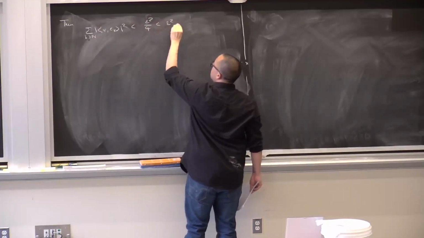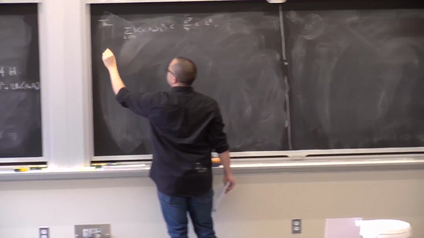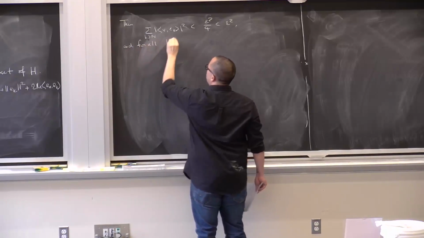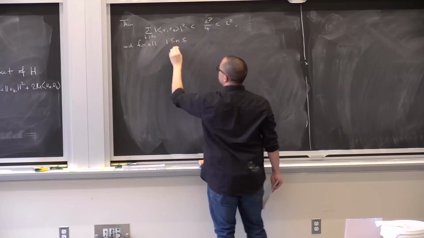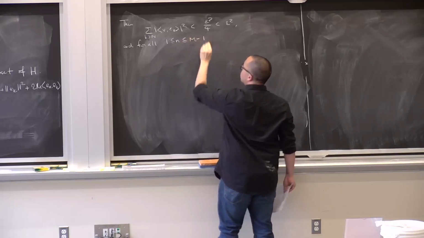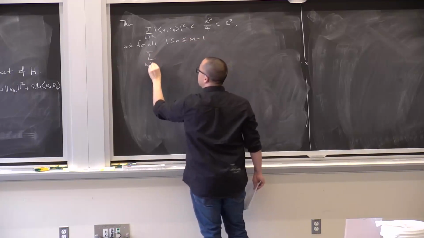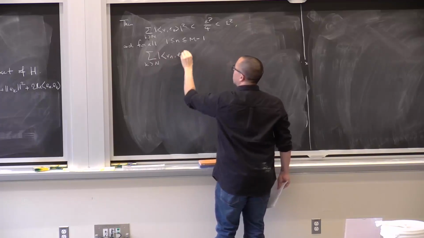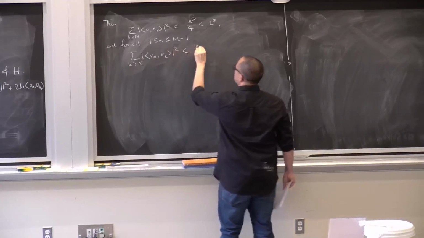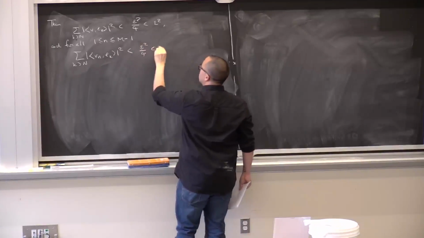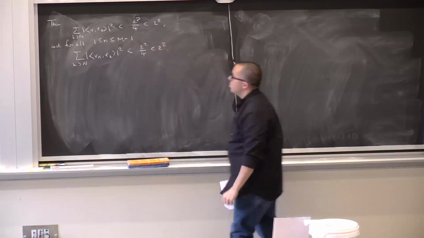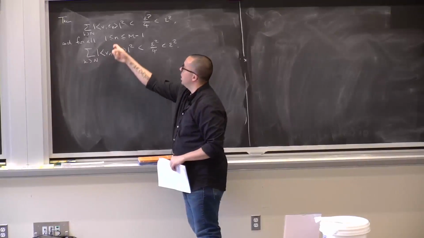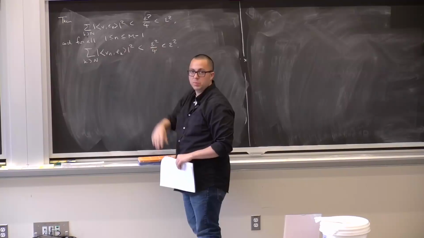This is less than epsilon squared. And for all 1 less than or equal to n less than or equal to m minus 1, the same bound, right? Okay? So I just need to check now that this is small when n is bigger than or equal to m.